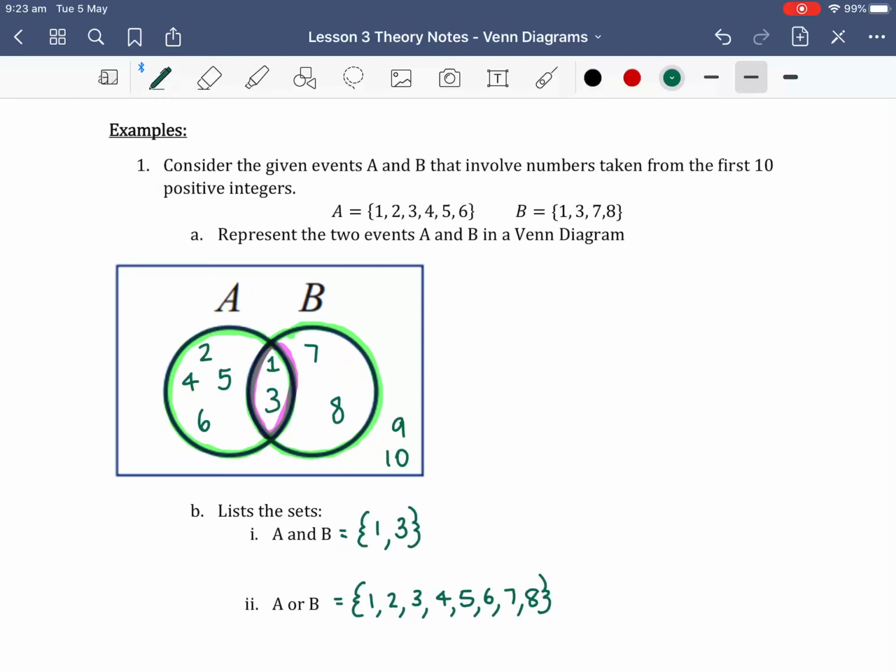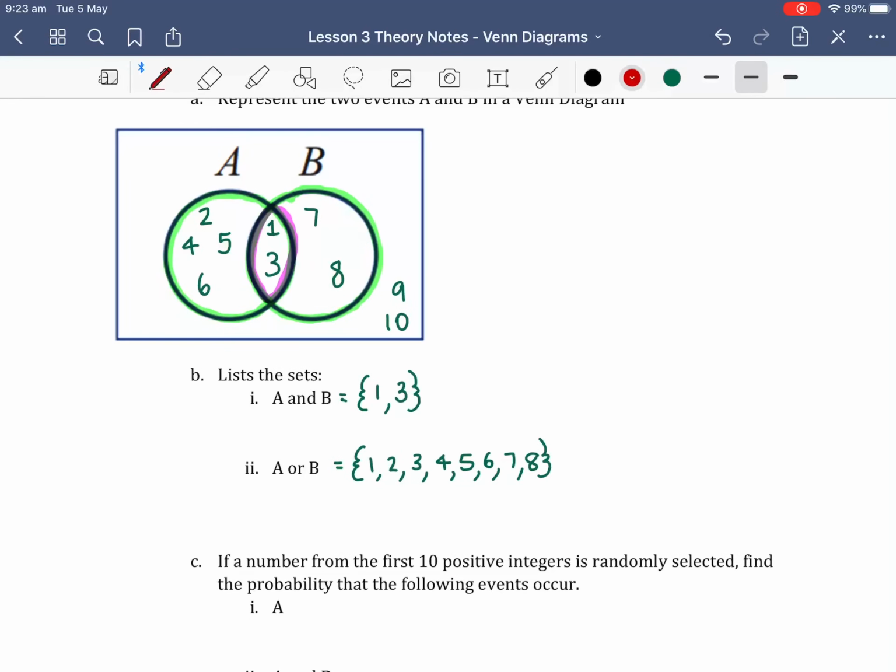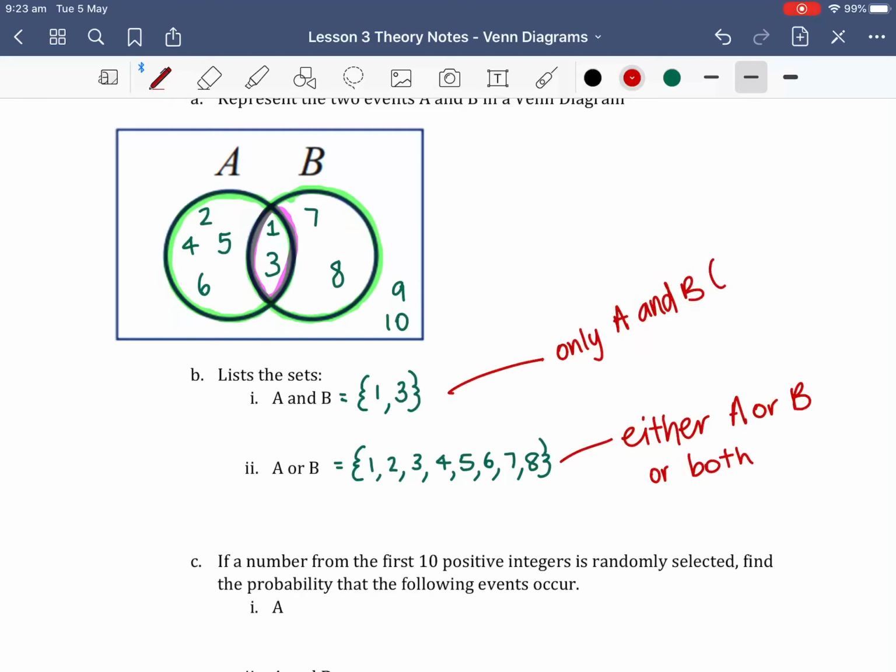It's everything in A and everything in B. So these numbers are either in A or B, or they're in both. I'm just going to write that off to the side. And the last one is only A and B, which is both.